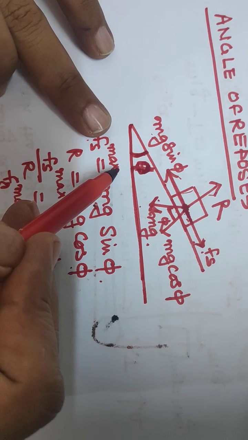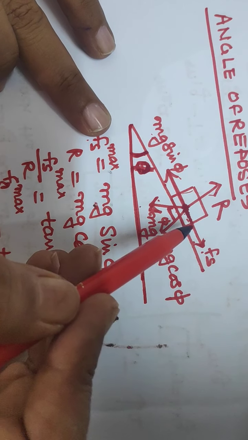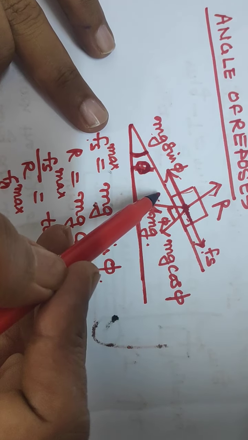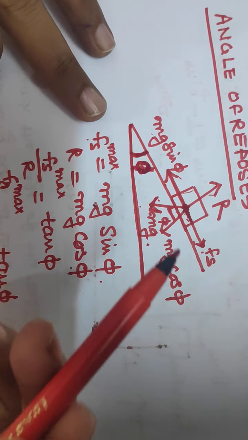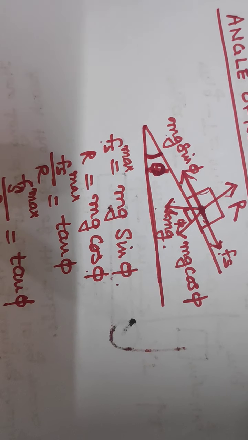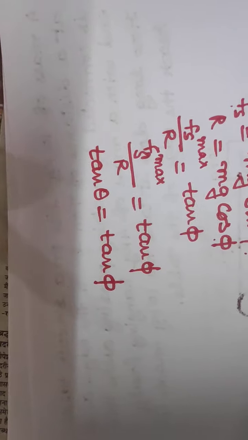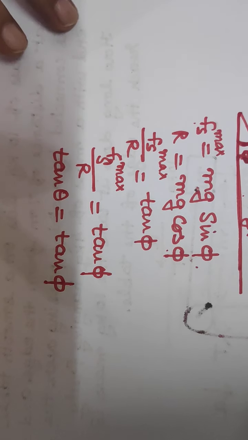So this is the minimum angle that an inclined plane makes with the horizontal when a body placed on it just begins to slide down. So clear? This is tan theta equal to tan phi.